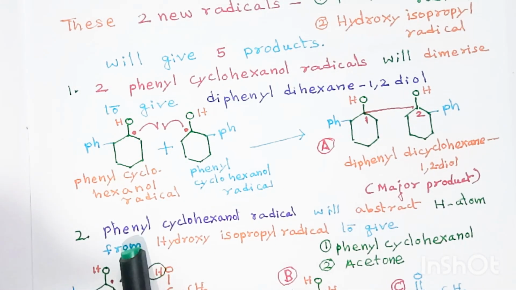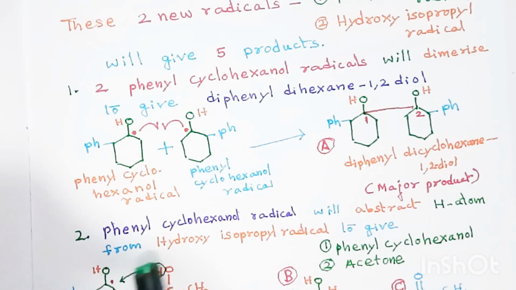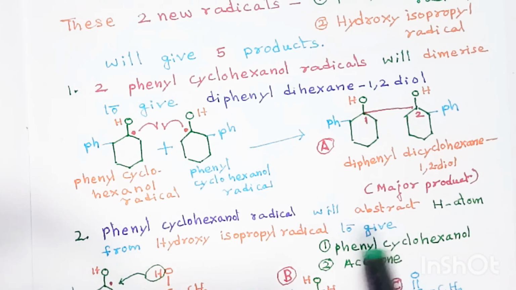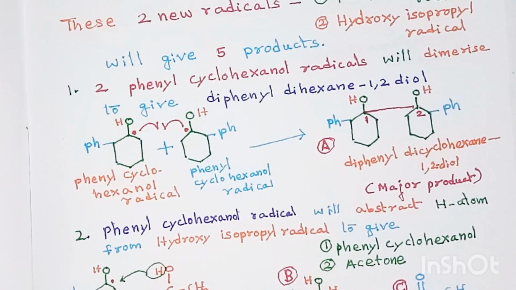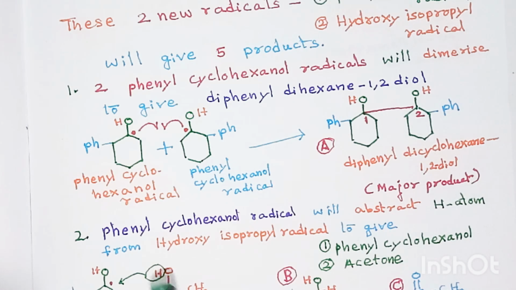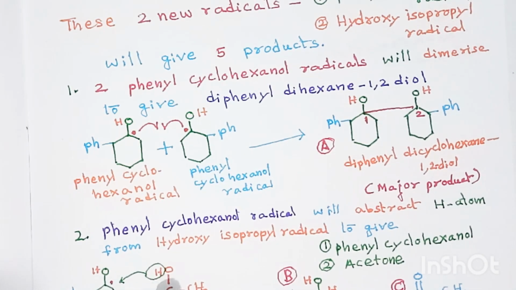Second reaction. Phenyl cyclohexanol radical will abstract an H atom from hydroxyisopropyl radical. This is phenyl cyclohexanol radical. This is hydroxyisopropyl radical. There is a radical here, radical here.